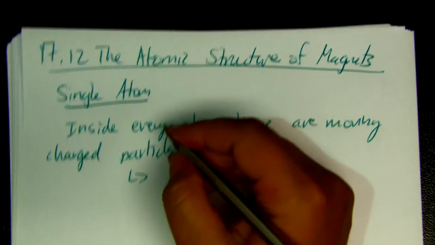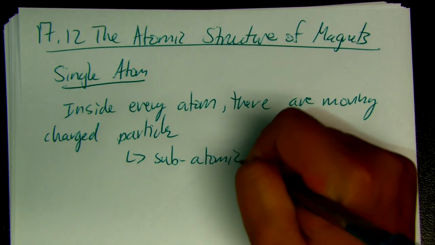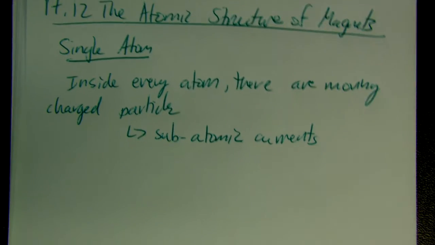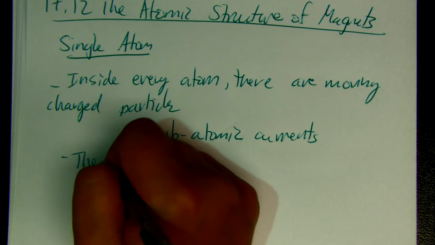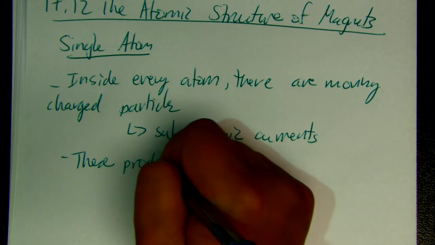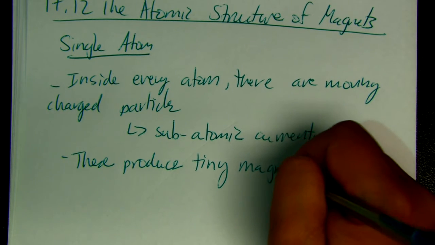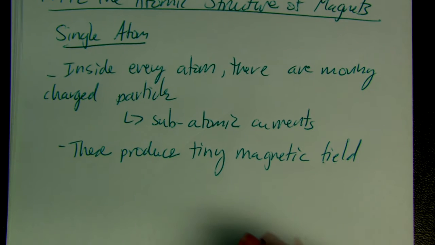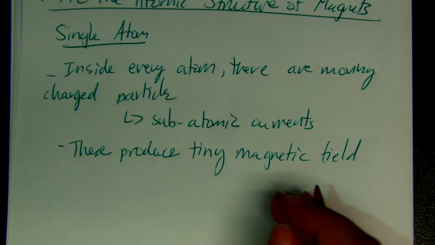You could think about them as little subatomic currents. So we have moving electrons and moving protons, actually, for that matter, and these produce tiny magnetic fields. I mean, those electrons are just whipping around, going in and out of their quantized locations.